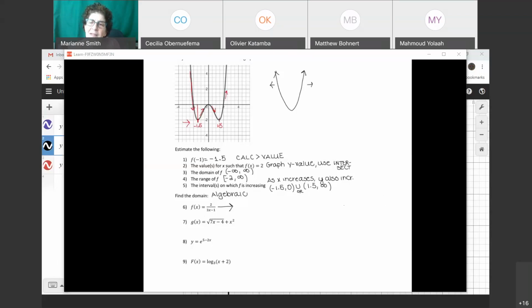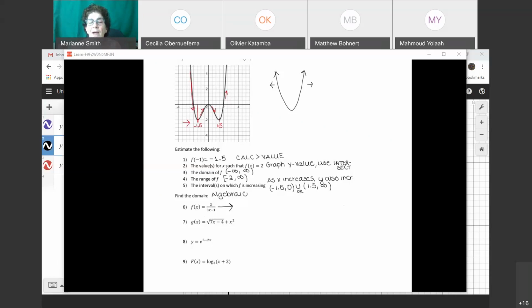How do we find those x values? Guys, if it's too tedious to type in the chat, just unmute yourself for a minute and explain.